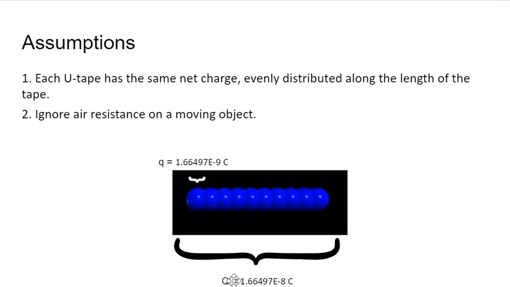And this number represents the overall charge of the piece of tape, which is 1.66497 times 10 to the negative 8th coulombs. And this value represents the charge of one piece of the tape, which was 1.66497 times 10 to the negative 9 coulombs.